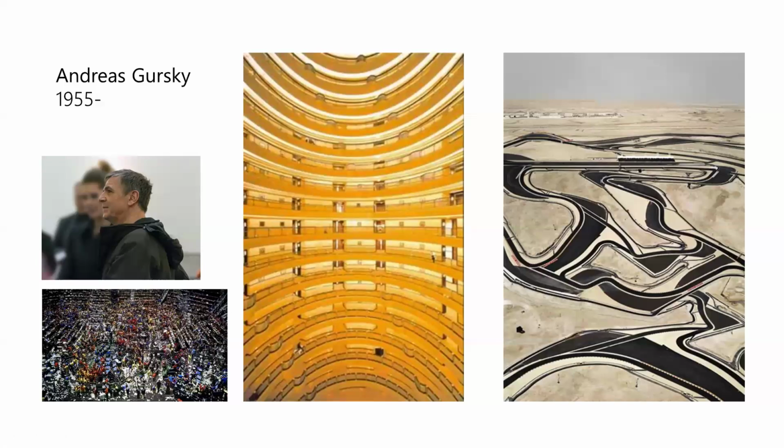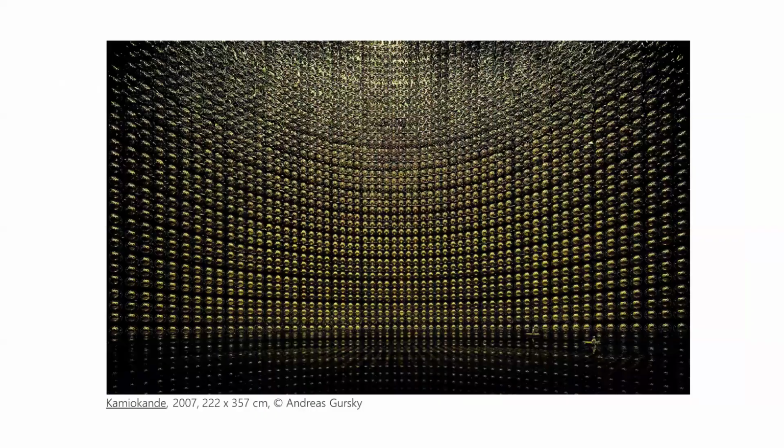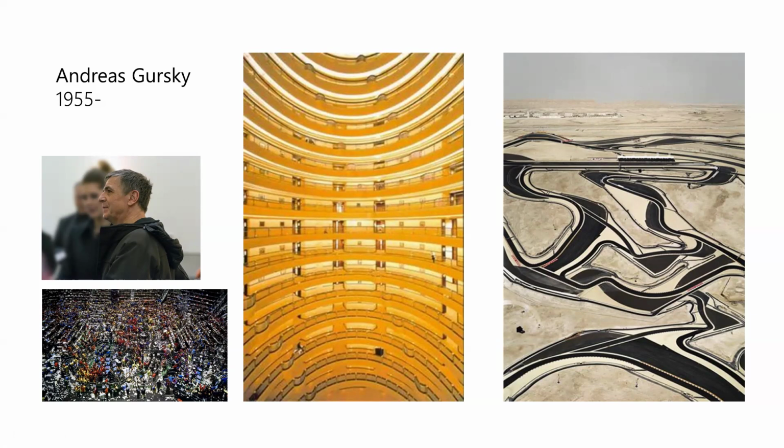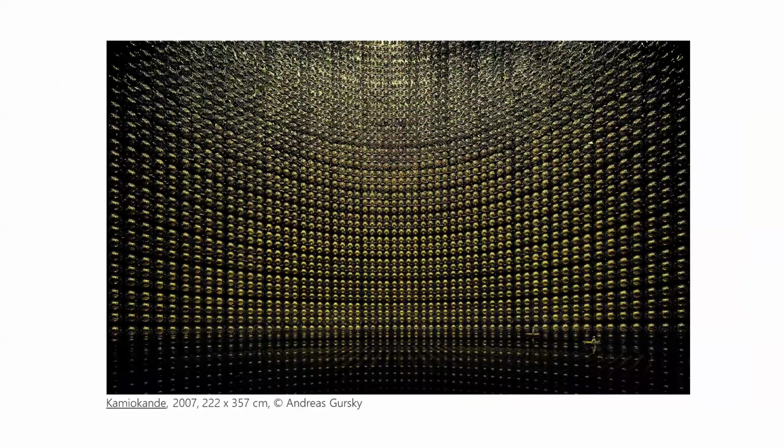Andreas Gursky is probably one of the most famous contemporary photographers. He is the photographer who is credited with selling the most expensive contemporary photograph of all time. One of the things I think is really amazing about Gursky is the way he loves the idea of photography being able to push our boundaries as to what is believable and what is seeable, right?